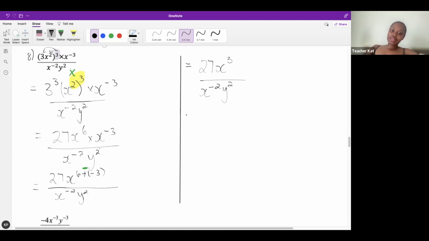Okay, is there anything else we can simplify in the sum? Yes, and what is it? The x, right? So we're dividing. What are we going to do with exponents of x?